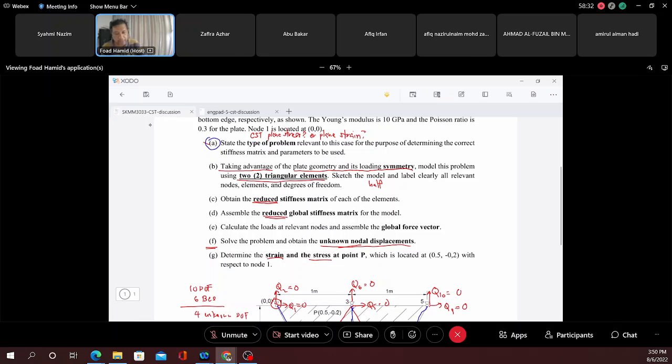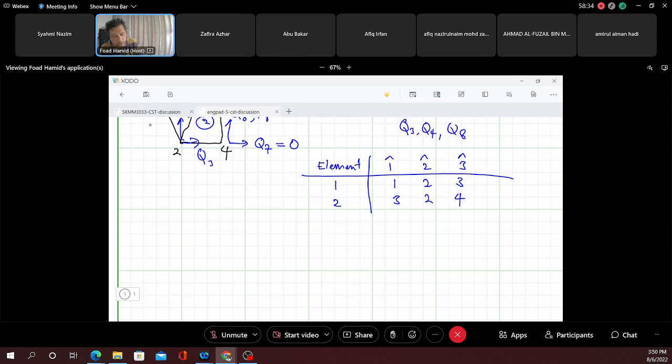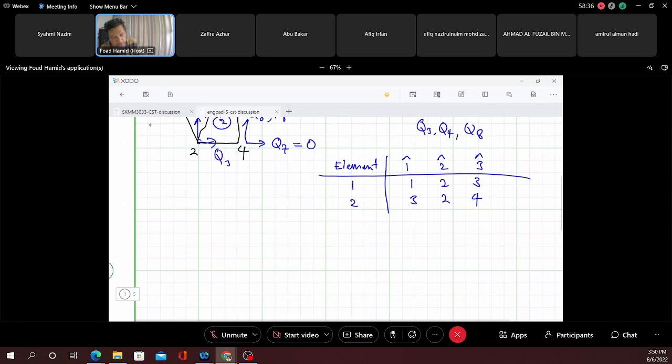So question part C is the reduced element stiffness matrix. Okay, so this is where we need to use our formula.